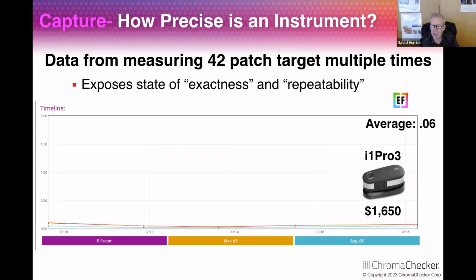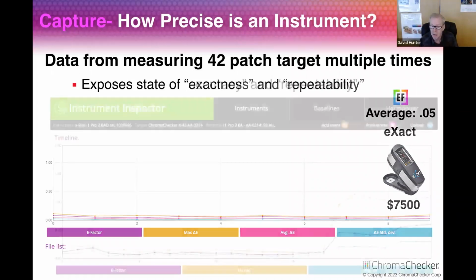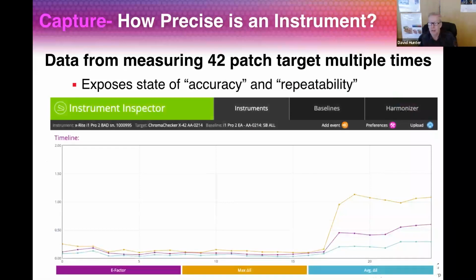And as we go in, we can look at an Exact, and we can see that also is very good. So this is a great way to know whether or not our devices are capable of meeting my requirements in terms of printing and repeatability issues. Now, here's a real life scenario where for a year and a half, this i1 measured very precisely.